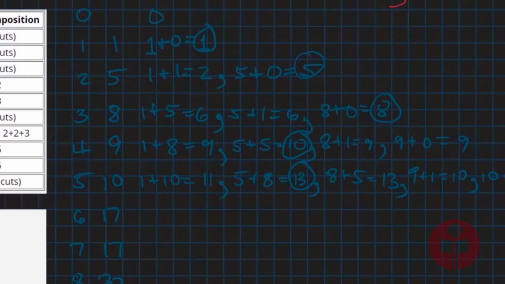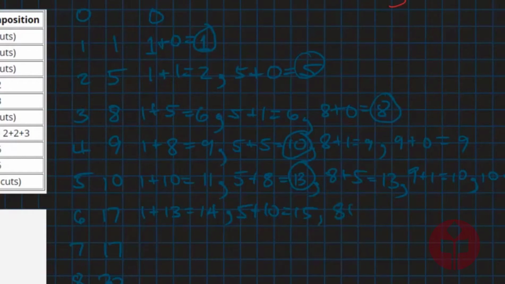In the sixth iteration, the first sum is 1 and 13, right? So 1 plus 13 is 14. So this is for row 6. Next, we do 5 and 10, right? So 5 plus 10 is 15. Then the third one is 8 and 8.